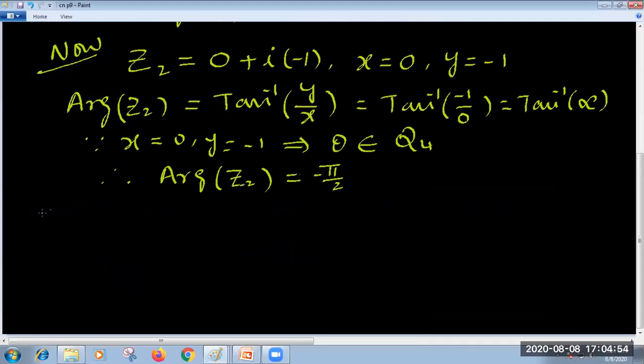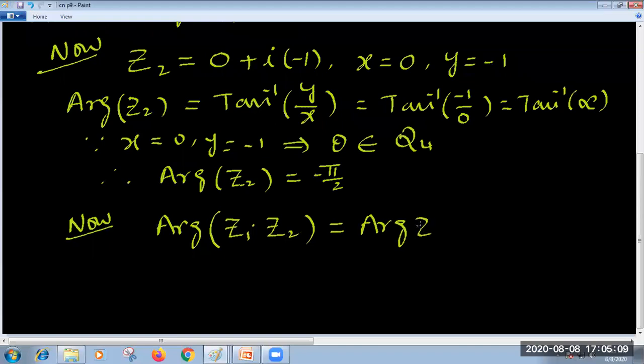We have to find argument z1 into z2. So this is argument z1 plus argument z2. Argument z1 is pi and argument z2 is minus pi by 2.